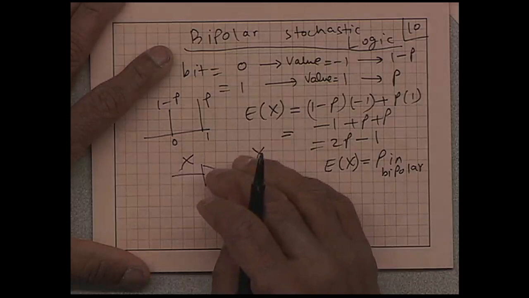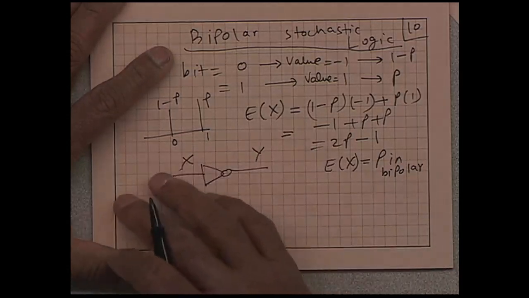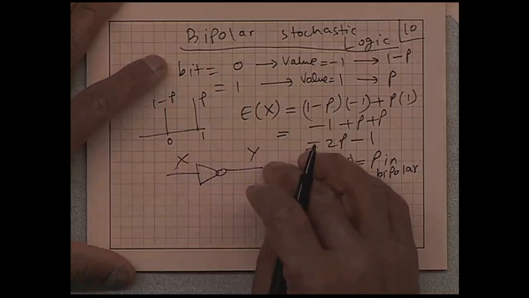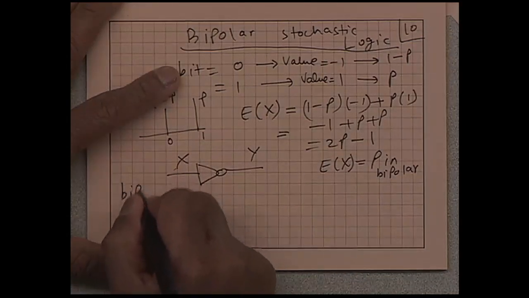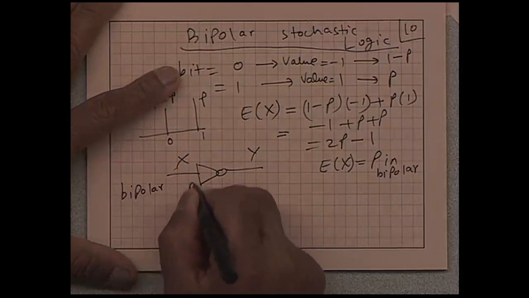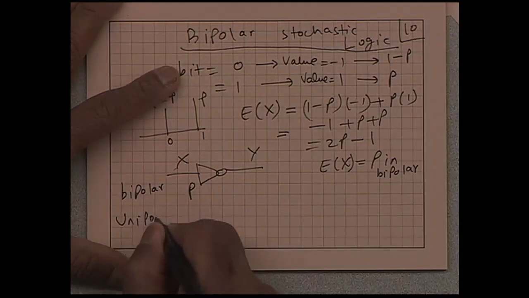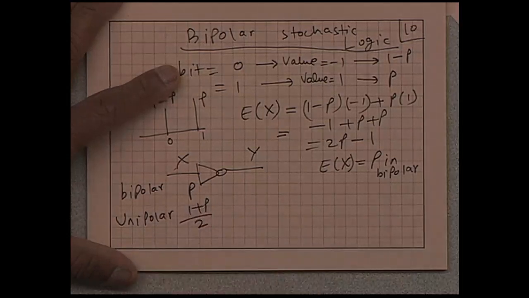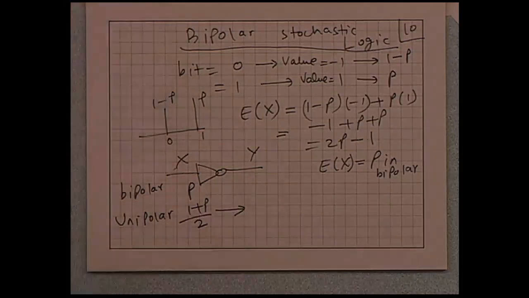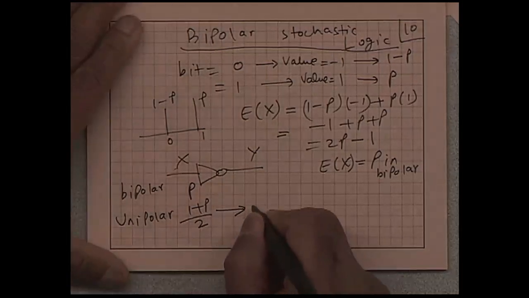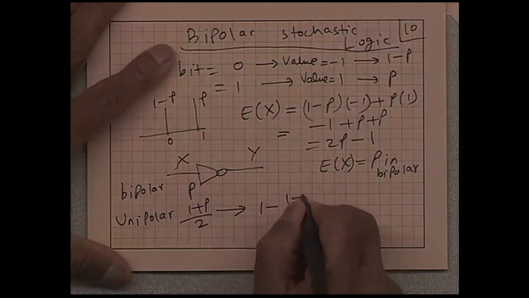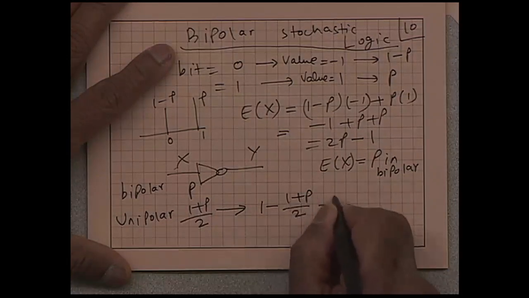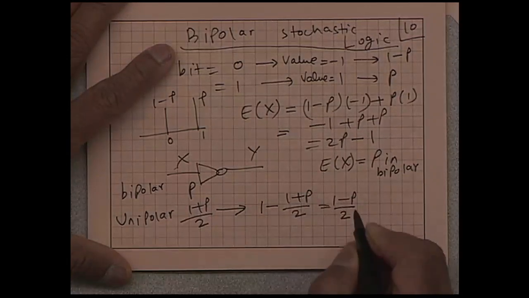So the gate doesn't really care about unipolar or bipolar. It just takes a 0, outputs 1, it takes a 1, outputs 0. So if this was in bipolar, the value was P, the so-called unipolar value would be (1 plus P) by 2. We do know from the previous analysis the unipolar value will be 1 minus X. 1 minus (1 plus P) by 2, which is going to be (2 minus 1 minus P), (1 minus P) by 2.